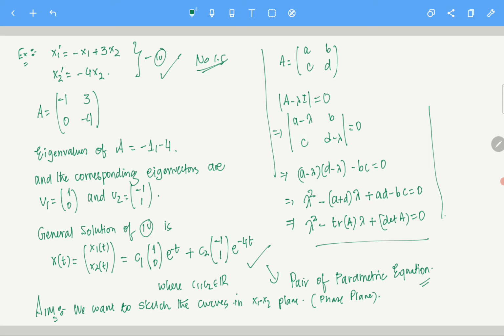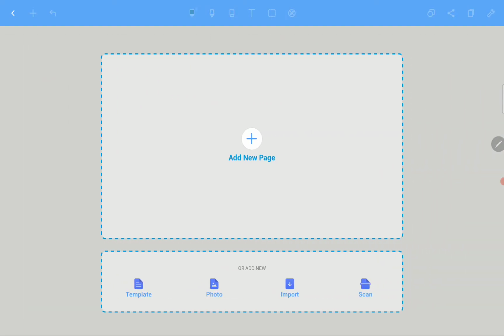There is x1 and there is x2, given by two parametric equations, and I want to sketch those curves in the x1 x2 plane, not in any t plane. t is just a parameter, and t is in R, varying from minus infinity to plus infinity. I need to know how to sketch the curve, and this x1 x2 plane we will call the phase plane.